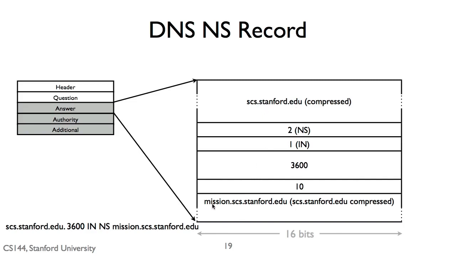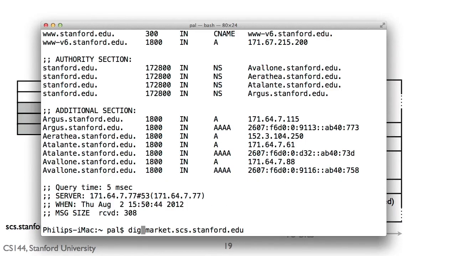So really we have mission: 1, 2, 3, 4, 5, 6, 7, right? Then we have 1 byte for the length of mission, and then the 2 bytes which are the compressed indication of scs.stanford.edu. So the first 2 bytes in the RDATA are going to point to scs.stanford.edu. Then we have a byte saying the length of mission is 7, and the 7 mission bytes, for a total of 10 bytes.